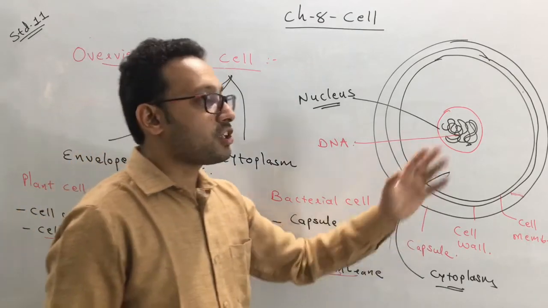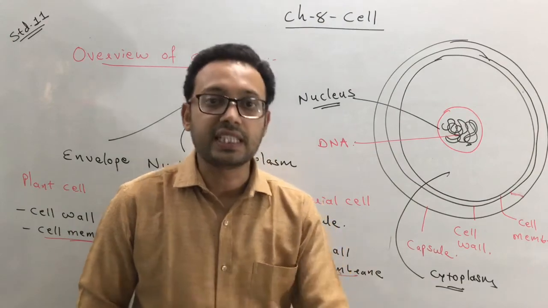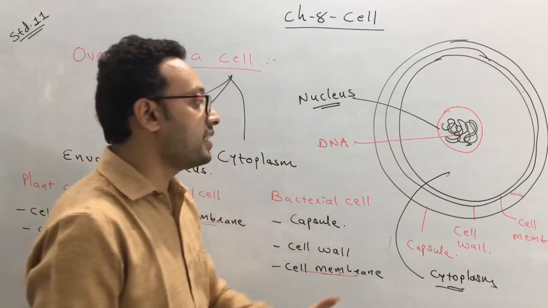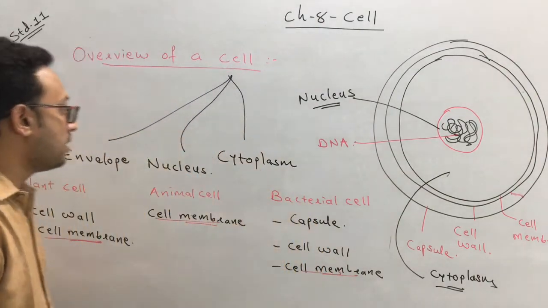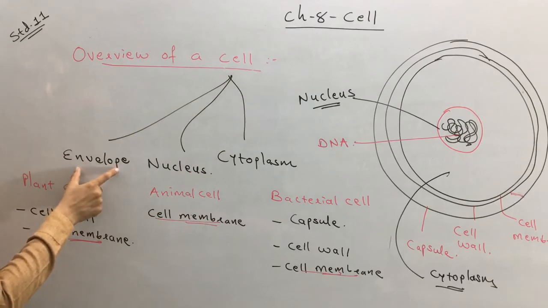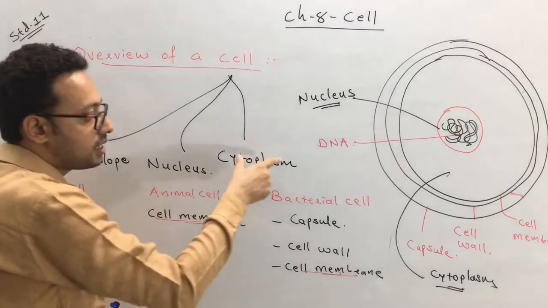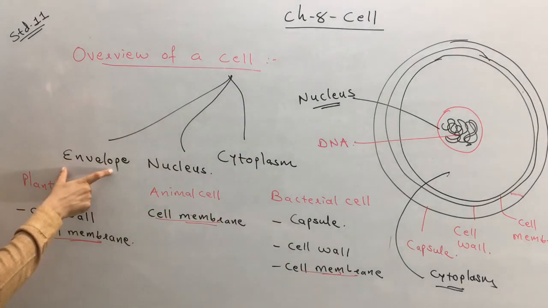This cytoplasm also contains different types of organelles. We will see which organelles you can find in a cytoplasm. But before I proceed, I again repeat, any cell contains three parts: envelope, nucleus, cytoplasm. Envelope means a boundary.